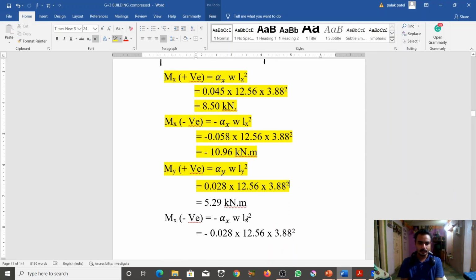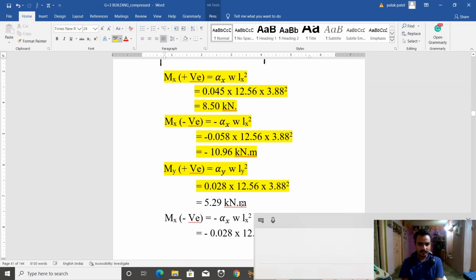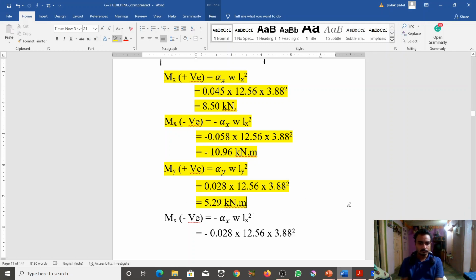Same for My, alpha y w Lx squared: 0.028, w 12.56, Lx 3.88 squared. So My is 5.29 kilonewton meter, and this is My at mid span.